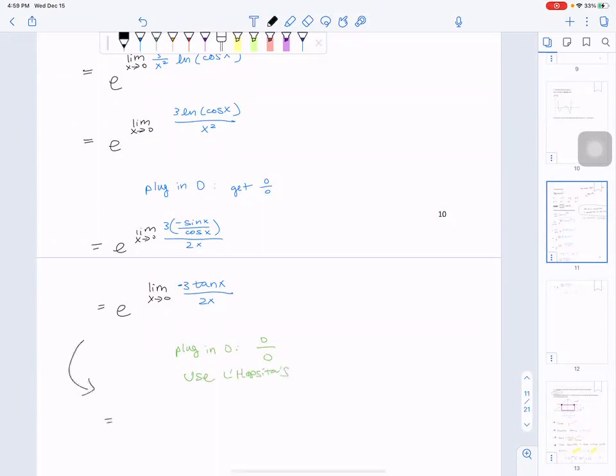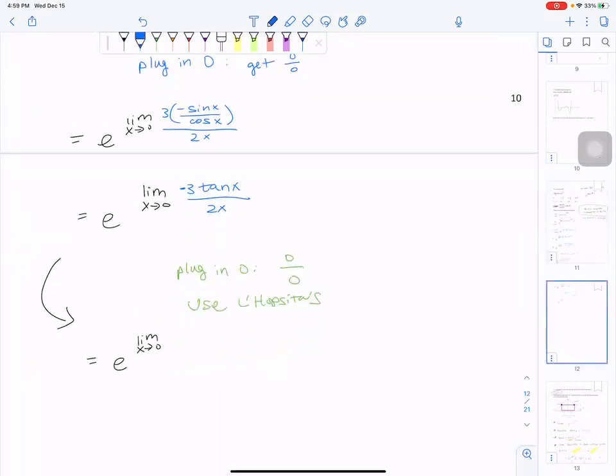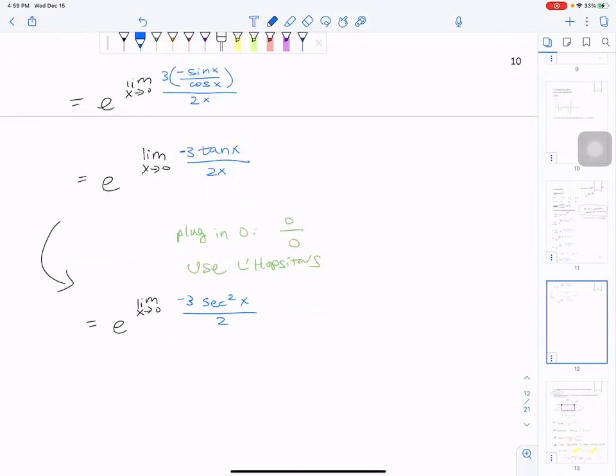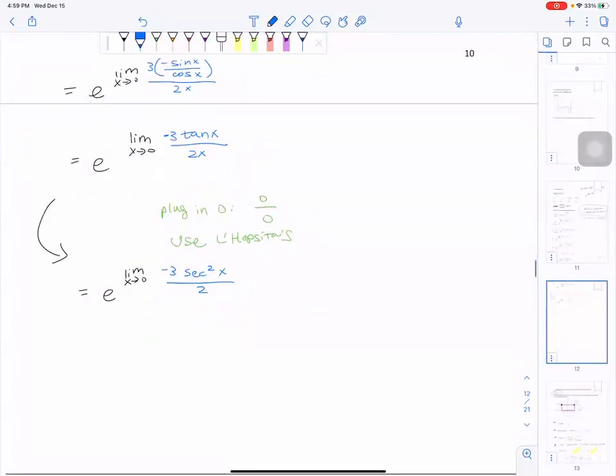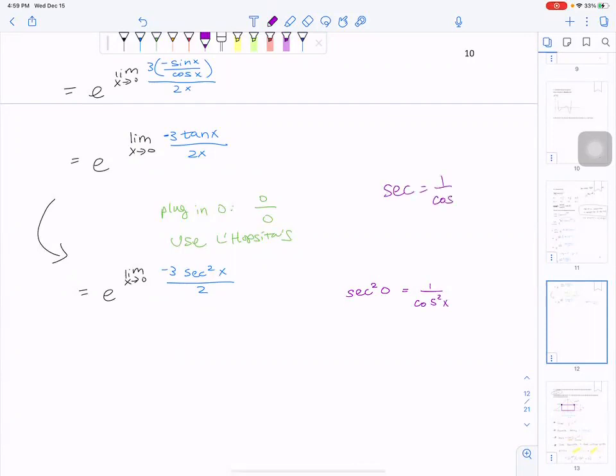So we get e to the limit of, what's the derivative of tangent? So we have negative 3. Derivative of tangent is secant squared x. Derivative of 2x is 2. Okay, so now let's try plugging it in. What is secant squared of 0? Secant, remember, is 1 over cosine x, so secant squared is 1 over cosine squared of 0.